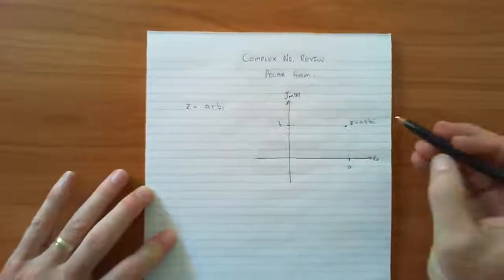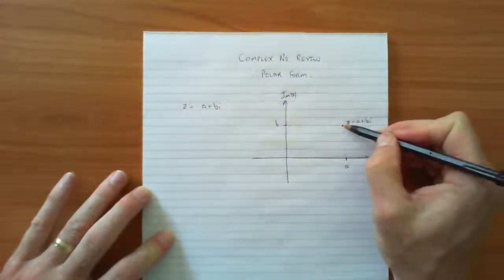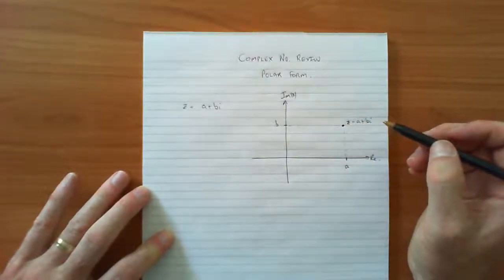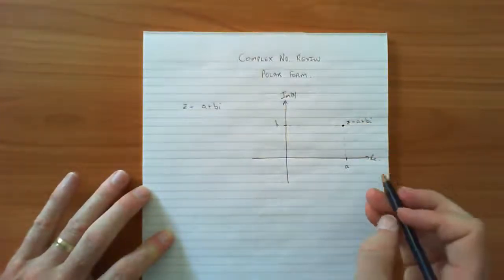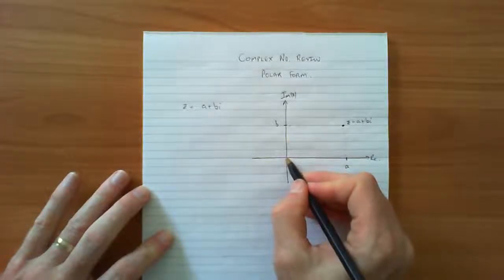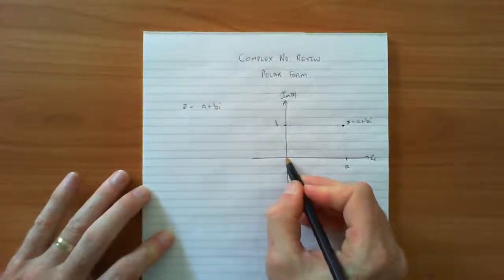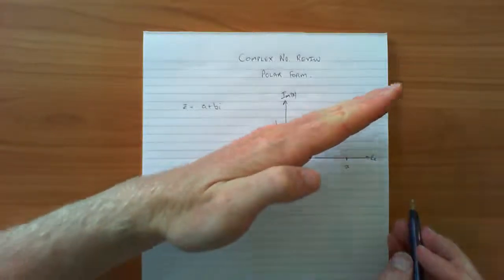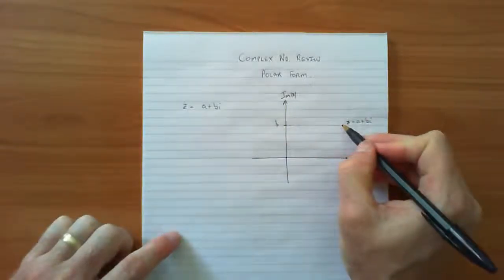But there's another way that I could actually represent this point. How else could I get to this point on my Argand plane? Well, what I could do is pretend I was standing here at the origin. If I was told to turn a particular angle and then walk a particular distance, I could get to this point.